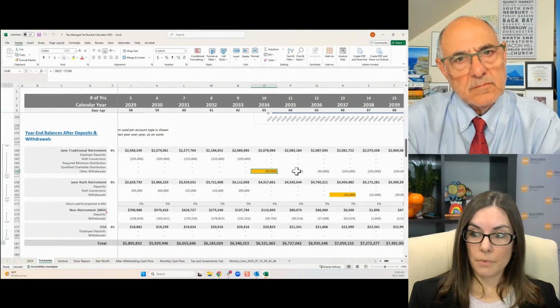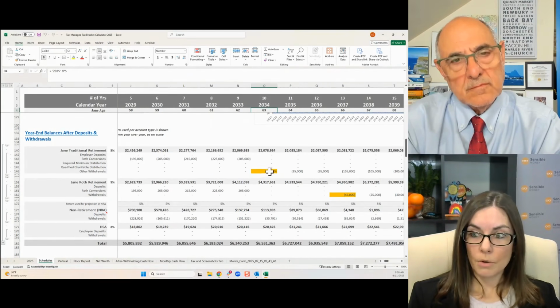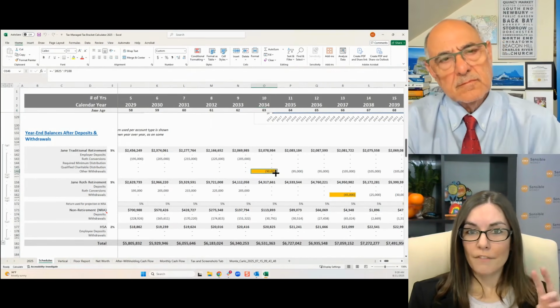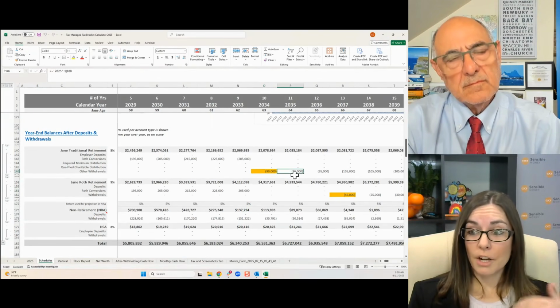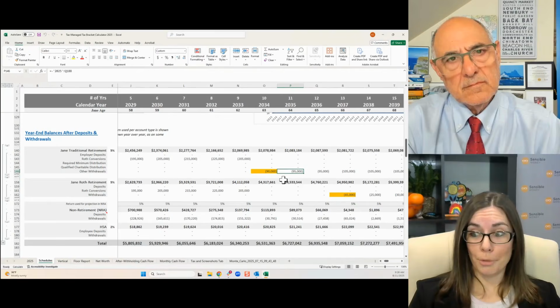And the amount that we have coming out each year, starting at age 63, that's an important number because that's the first year that impacts Medicare premiums. So we're strategically trying to fill up the lowest Medicare bracket. We're taking out enough to cover expenses but not trigger IRMAA.